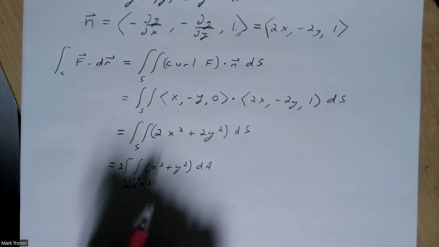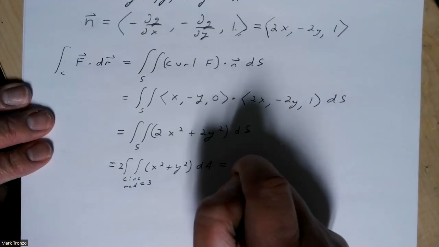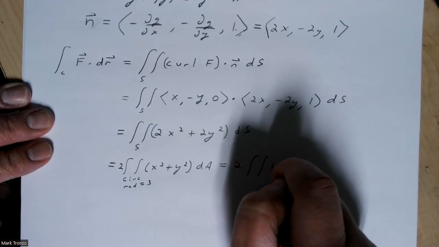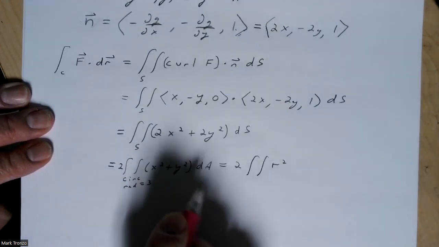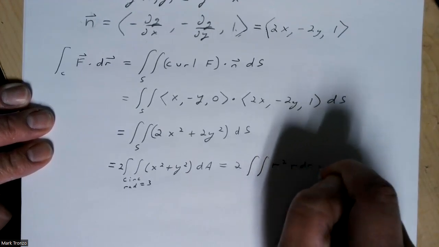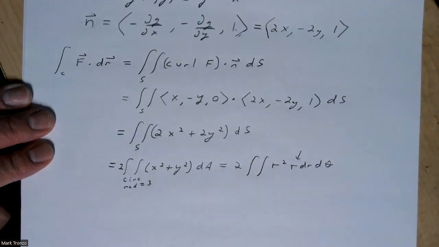And of course, since it's a circle, we'll just change to polar to make it easier. So there's going to be 2, and remember, x squared plus y squared is r squared. Then we have to put in the Jacobian, the r. Always remember to put that in whenever you change to polar.